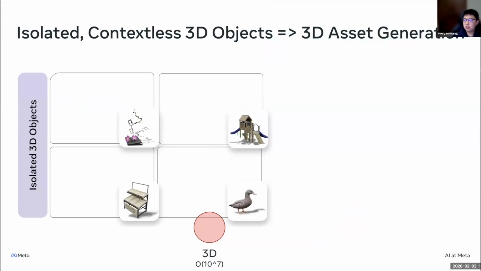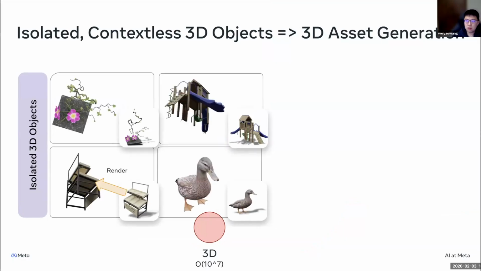The vast majority of the available 3D data primarily consists of standalone single 3D objects. This is what we call the asset generation data. But if the goal is to construct a real world 3D, this is far from enough. Prior work solved this problem by rendering these 3D assets back to 2D and solving the reverse rendering problem.